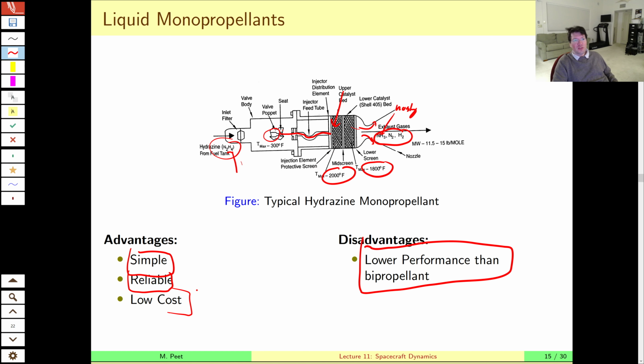These are often used for maneuvering thrusters or attitude control thrusters up in space. They tend not to be used for large rockets, right? These are small rockets. They're not used for large delta V changes.